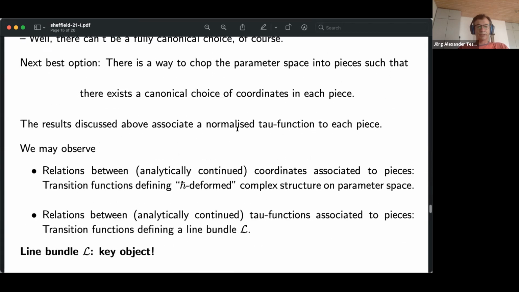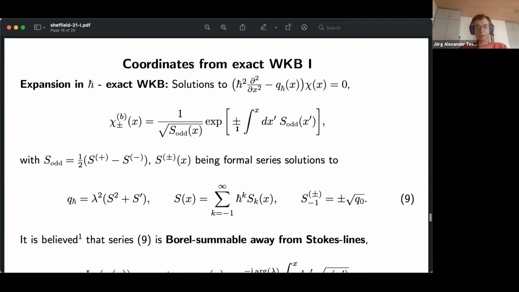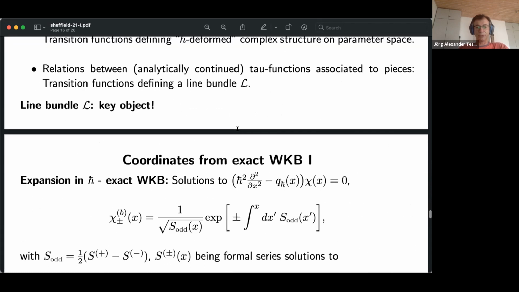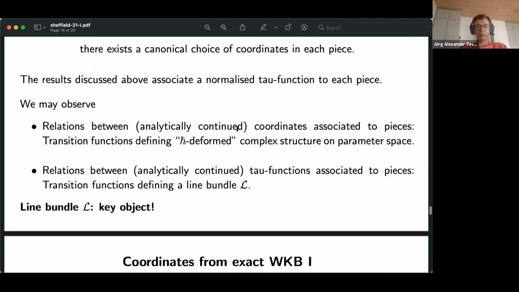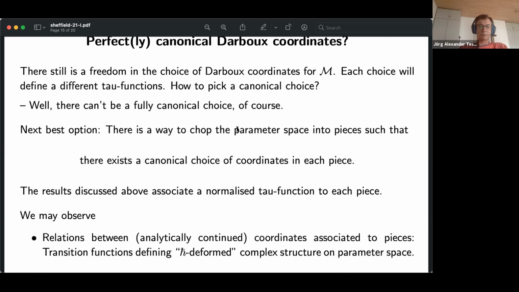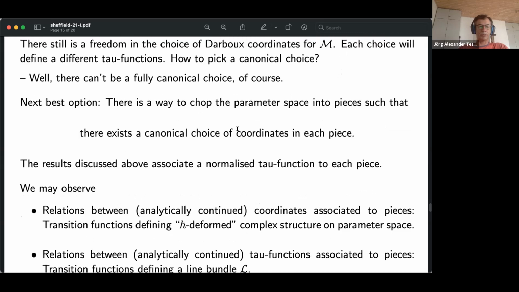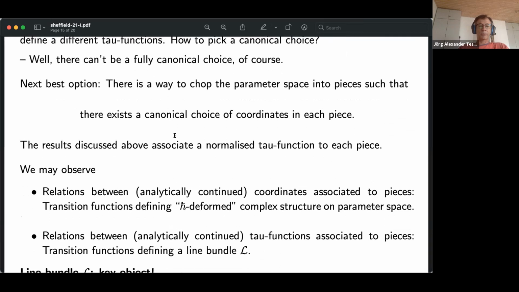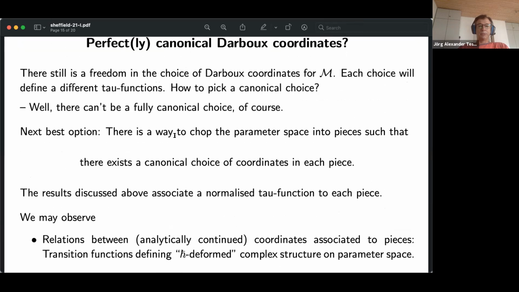Good. I'm probably over time, but I can go on a little bit if you want me to. What I want to say is that the good class of coordinates is probably coming from exact WKB. So that will be a very brief summary of how this comes about. The point is simply that we have the parameter space of our Schlesinger system.